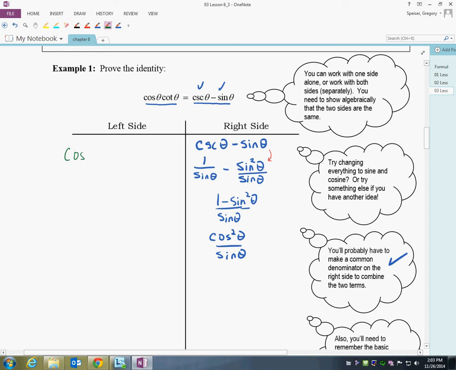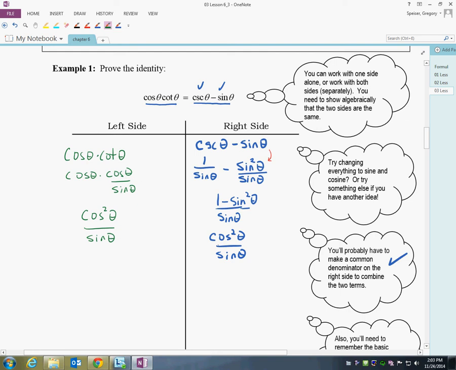Cos theta times cotan theta, which is going to be the same thing as cotan is the cos of theta over the sine of theta. Oh, this looks great. Now I can just multiply this out together, and I'll get cos squared theta all over sine theta.